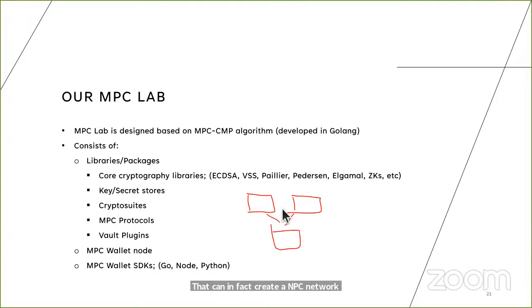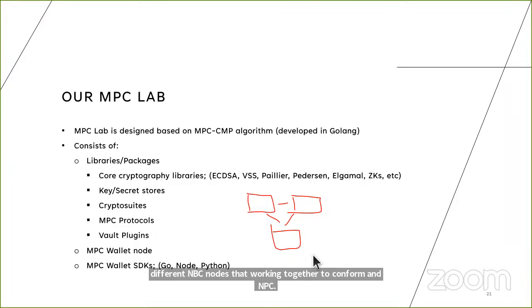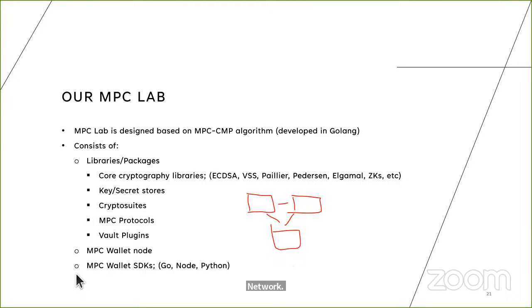So we have different MPC nodes working together to form an MPC network. And finally, we will have MPC wallet SDKs in Golang, Node, and Python that can be used for interacting with MPC nodes.